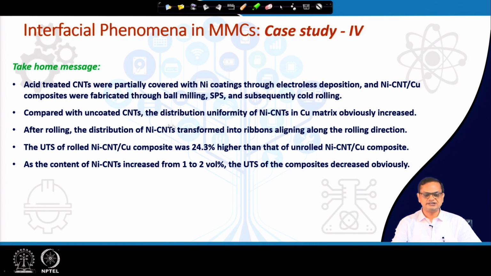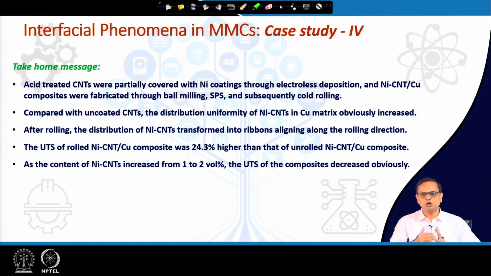Compared with uncoated CNTs, the distribution is much more uniform in nickel CNT, and after rolling the distribution becomes aligned with the rolling direction, and rolling ultimately leads to improvement in UTS and yield strength as well. And as the CNT amount is increased from 1 to 2%, obviously UTS is getting decreased because of the agglomeration problem.